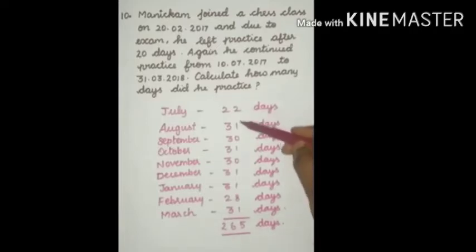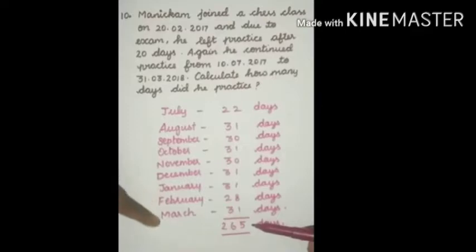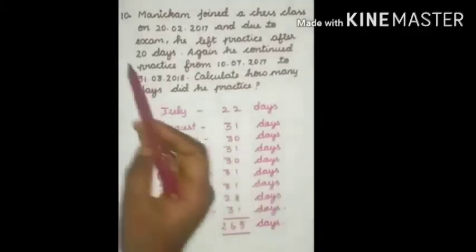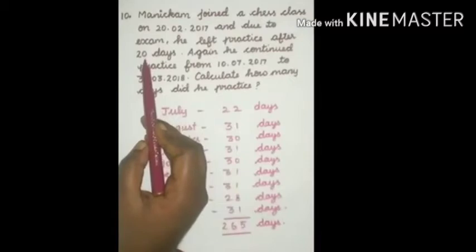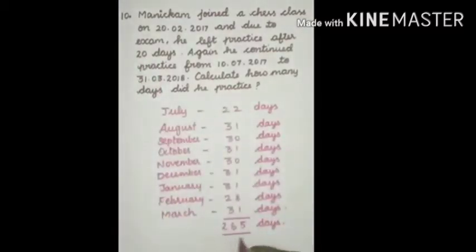Yes, we have to add the number of days in July, August, September, October, November, December, January, February and March. So totally 265 days he practiced. And then already it's given that at starting he practiced 20 days. So add 20 also. 265 plus 20 equals 285 days.